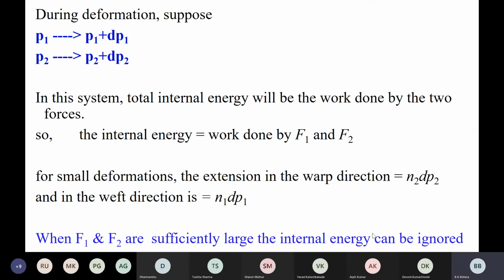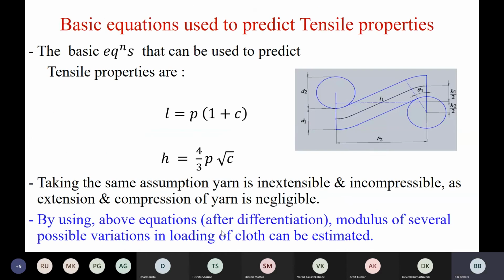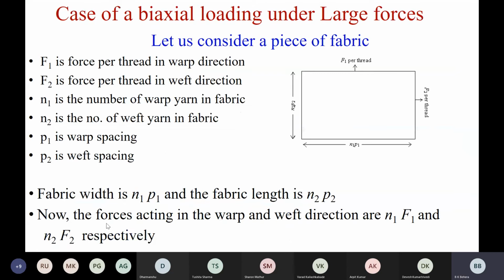Now look, this is very important for this model. We have already taken an assumption in this model. If you recall, the assumption is that the forces acting in the warp and weft directions, F1 and F2 respectively, are very large.